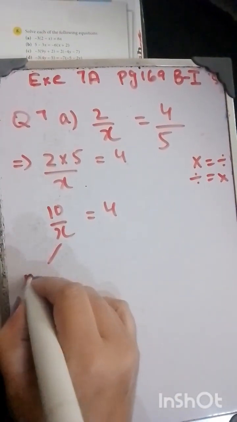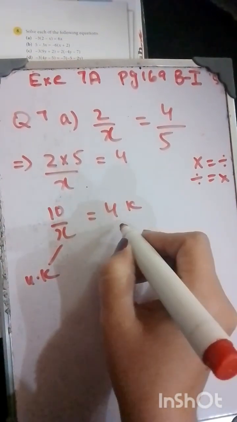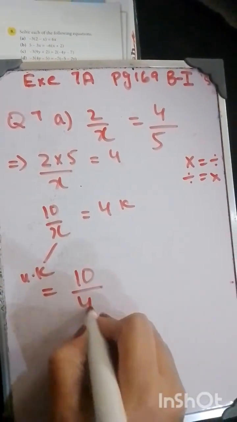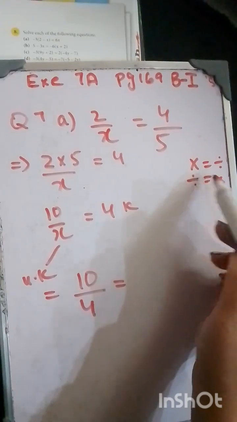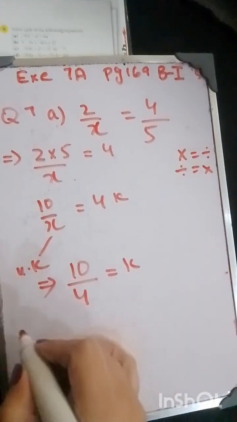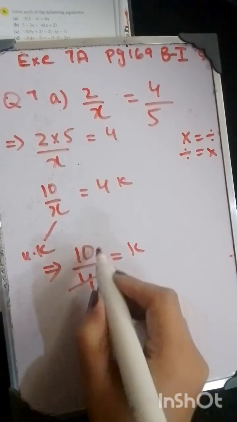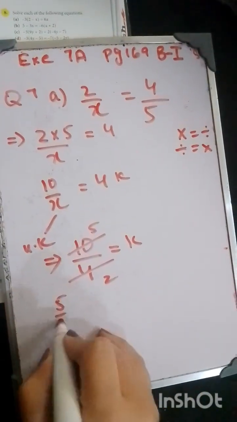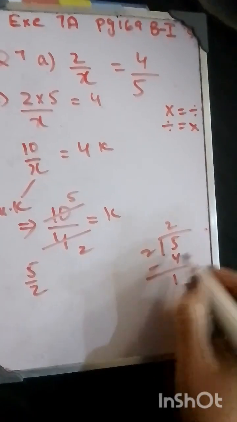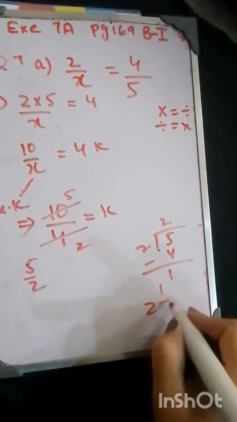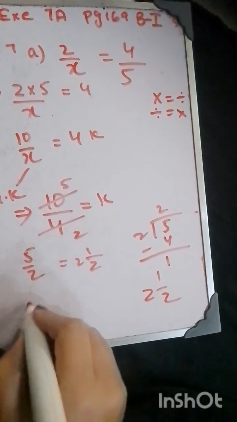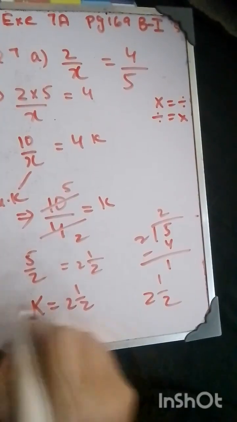So 5 is in the denominator, it will be in the numerator on the other hand side, then 2 5s are 10, and 4 will be with x. So 4 is being multiplied, on the other hand it will be divided, so it will be a 5/2 ratio. So we are going to write in the mixed form because it's an improper fraction. 2 whole 1/2, this is the same answer.